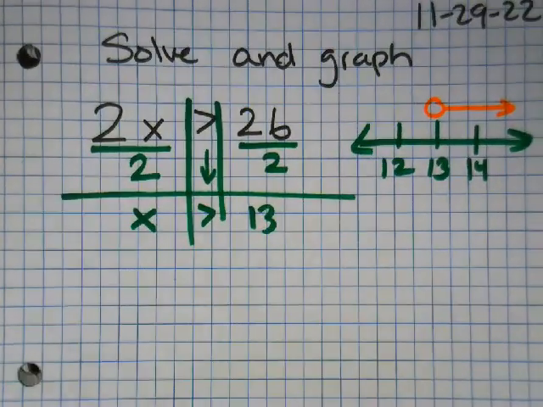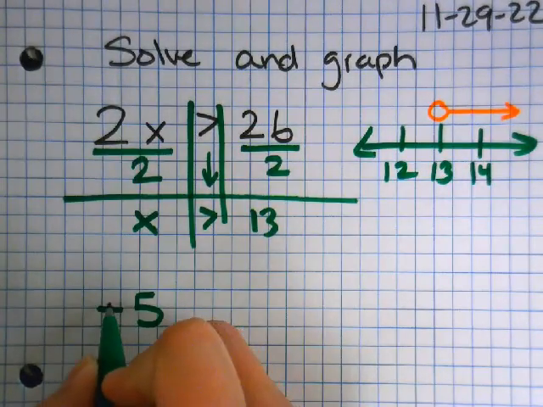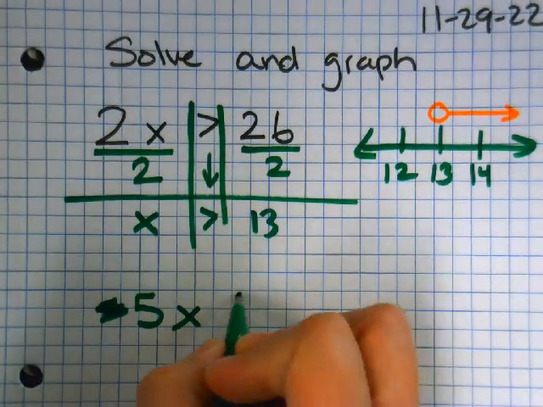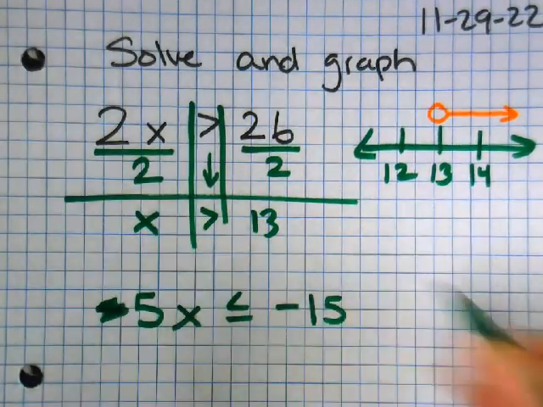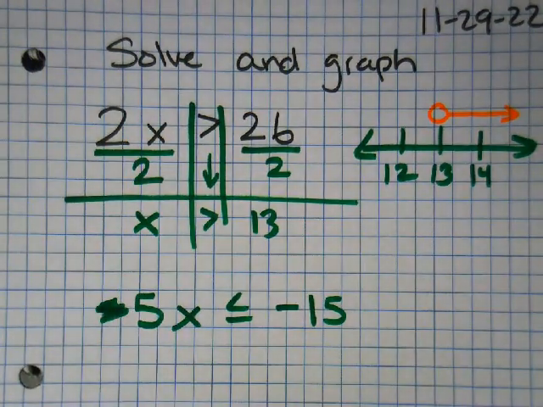Yes. What if I throw in a -5? Oh, no, I can't do that. Can't do that. 5, not -5. There is a difference, and I'm not ready to show you that. Is less than or equal to -15.